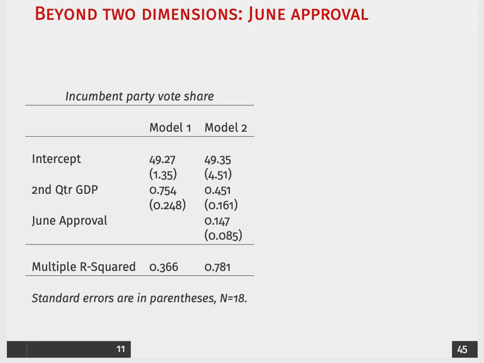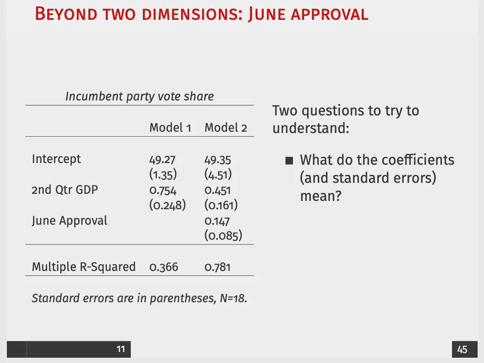Now, there's two things that I want you to think about when you're looking at this regression output. One, just in general, what do the coefficients and the standard errors mean? I'll pause for a second for you to think about this. Again, I'll reiterate with words, and this is how you should describe it in your problem sets when you're asked to describe the relationship between the covariate and the outcome and interpret the coefficient.